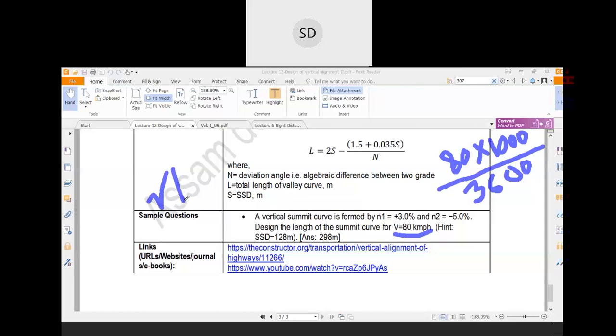Now, what was the formula for the stopping sight distance? That was Vt plus V square divided by 2gf. What is the value of t?